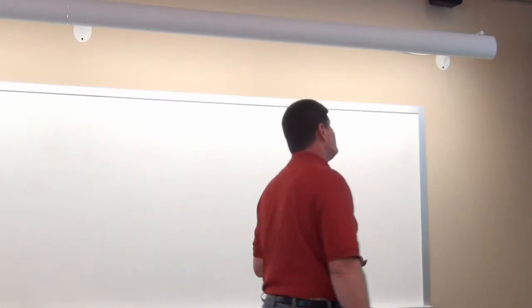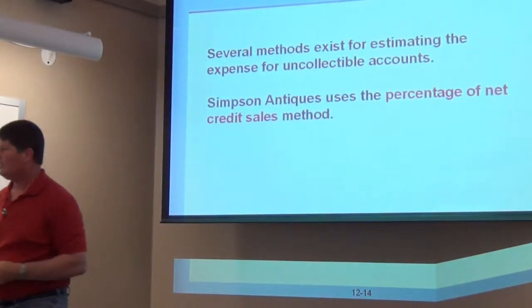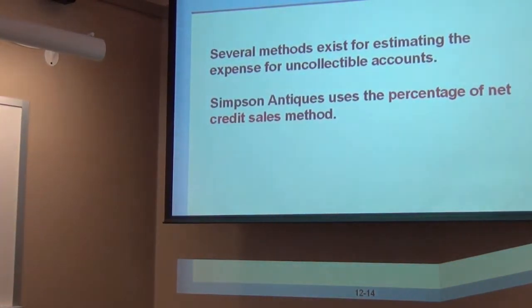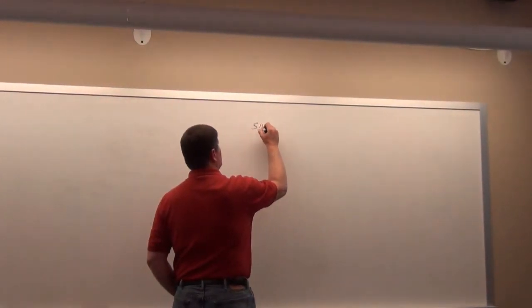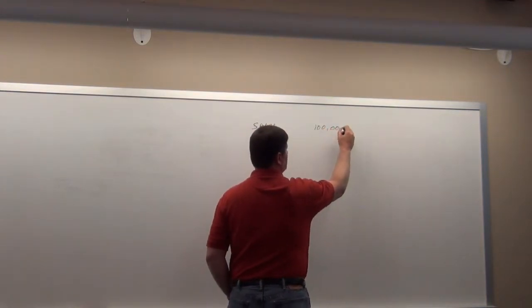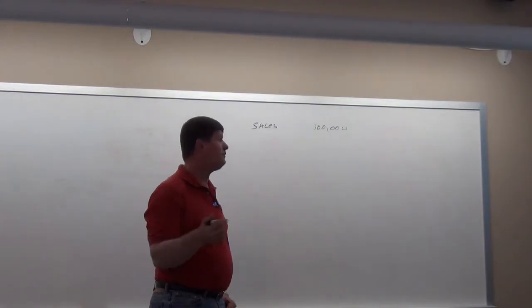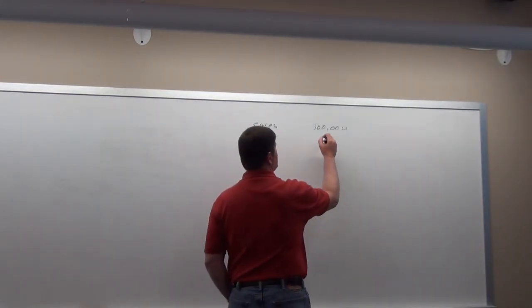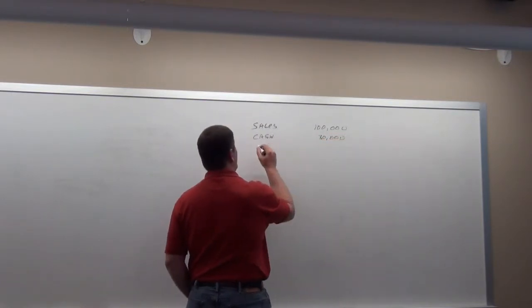Okay? That's called the percentage of net credit sales. And what the percentage of net credit sales is, is this. If we have total sales for our company of, say, $100,000, typically there are some customers who will come in and they'll pay. So we've got what we'll call cash customers, and let's say they are $30,000 of that.